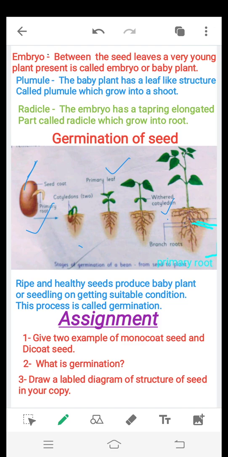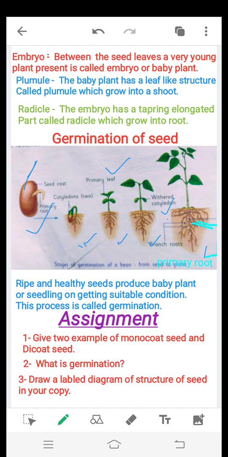From the primary root, the roots develop slowly, and many branches of roots come out. This procedure of changing a seed into a baby plant or a new plant is called germination.